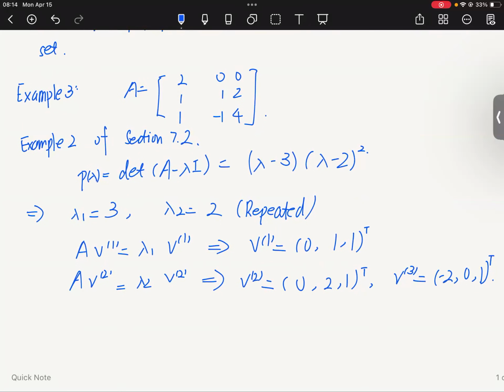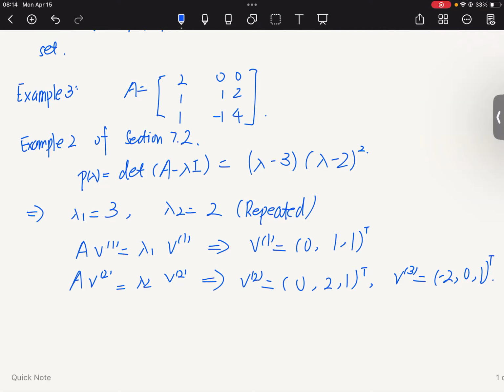That's quite interesting here, because actually we have these 3 vectors, and these are eigenvectors. But these 2 eigenvectors correspond to the lambda 2. Actually you find that these 3 eigenvectors are linearly independent.